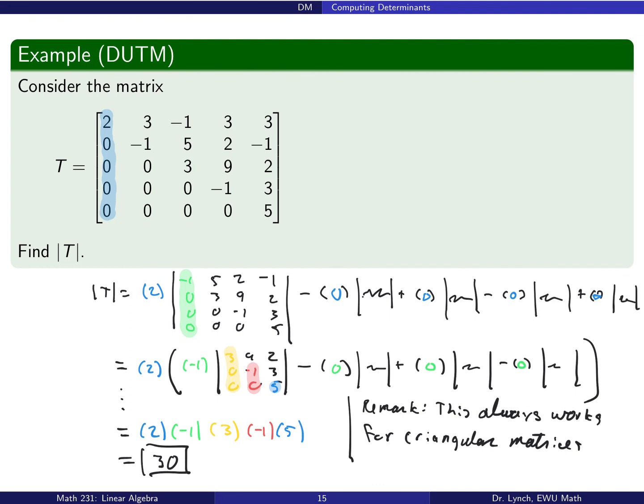In this case, I'm continuing to leverage all of the zeros below the diagonal. We end up with a pretty straightforward expression for the determinant that's just the product of those diagonal elements. This always works for all triangular matrices. You can just take the product of the diagonal elements to get the determinant, and we'll see how we use this a little bit later on.